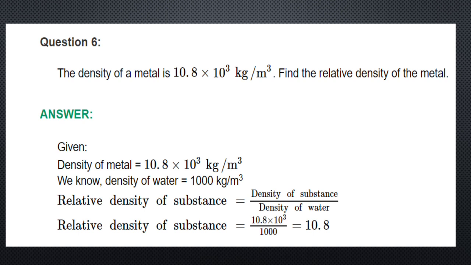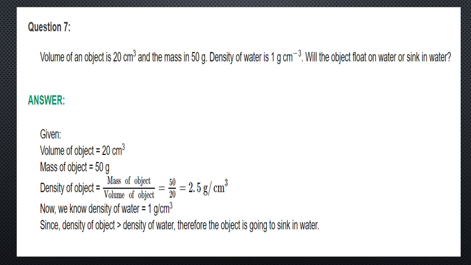What is that value? 10.8 into 10 raised to 3 upon 1000. 1000 is equal to 10 raised to 3. So the 10 raised to 3 and 10 raised to 3 will get cut and the answer will become 10.8. As it is the ratio, there is no unit to the relative density, and hence the relative density will be 10.8.